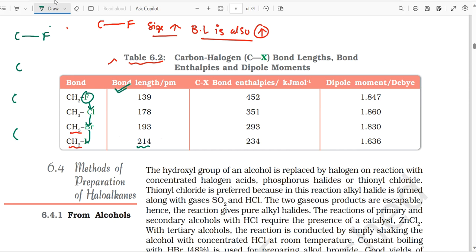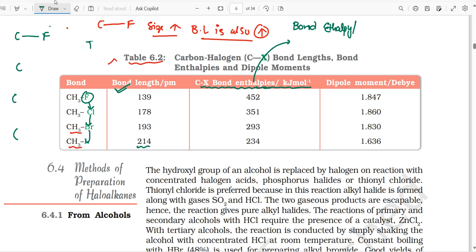Now let us try to understand the carbon–halogen bond enthalpies in kilojoules per mole. First, what does bond enthalpy mean? If you know this concept, we can easily answer the given questions. In intermediate first year, in the classification of elements, we studied ionization energy or ionization potential.